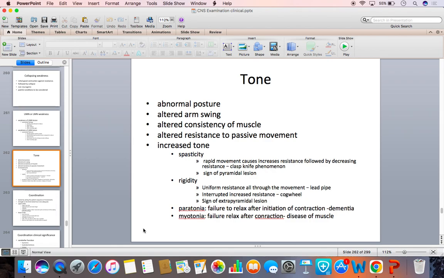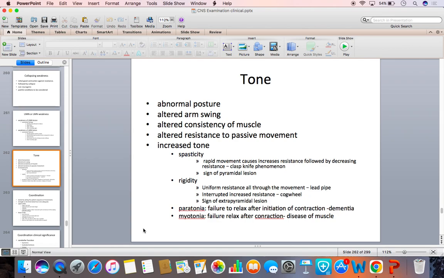These are the four parameters by which you can assess the tone. By looking, by feeling, okay, by moving. That's how you can test the tone of the muscles.